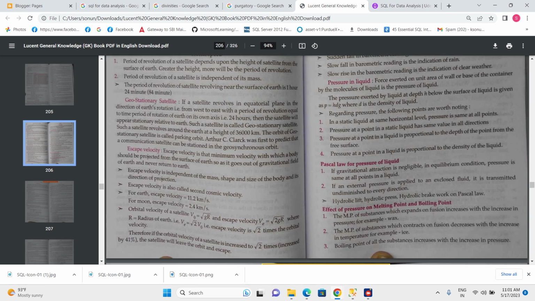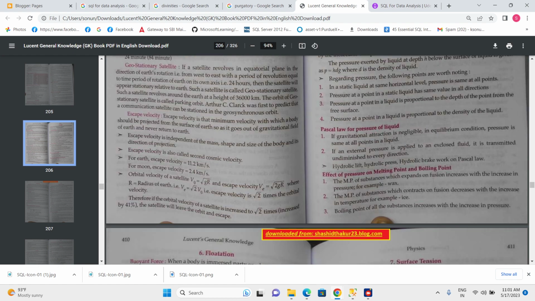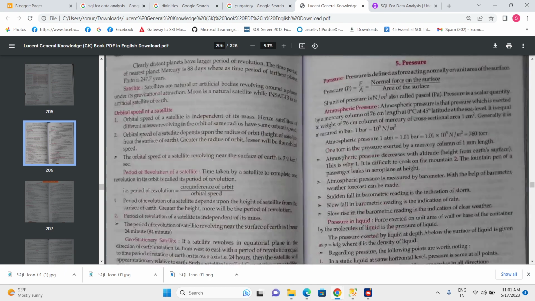It means if the orbital velocity of a satellite is increased to root 2 times, the satellite will leave the orbit and escape. So this is about escape velocity, which comes under the geostationary satellite section.